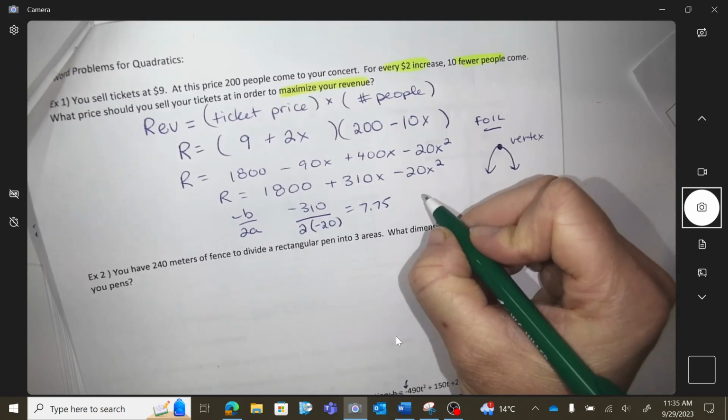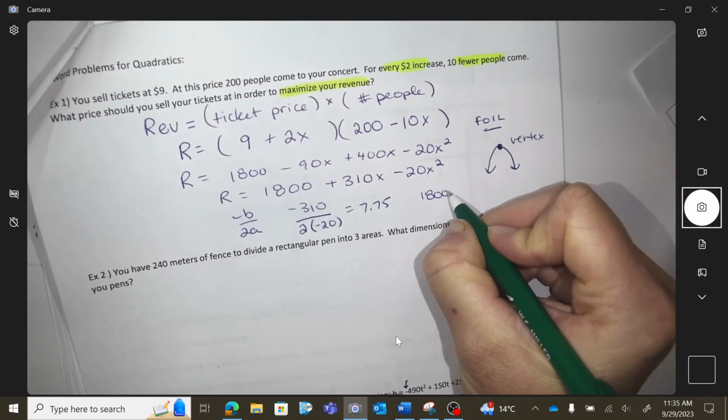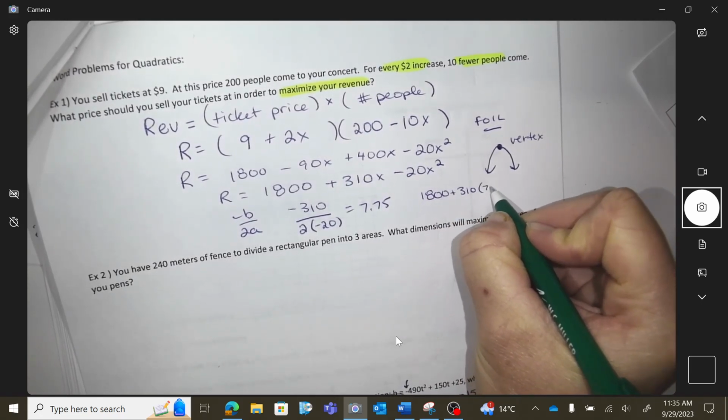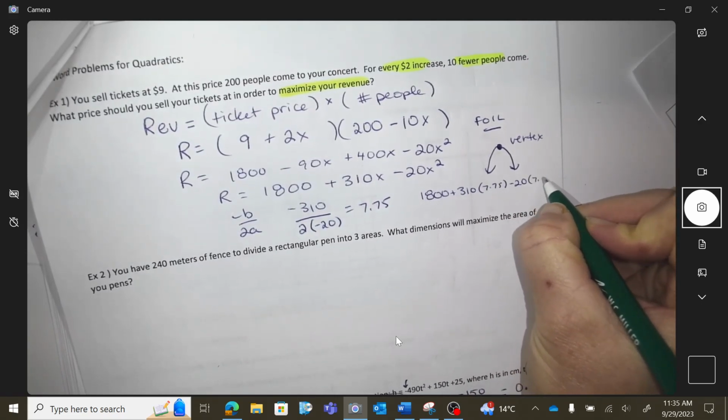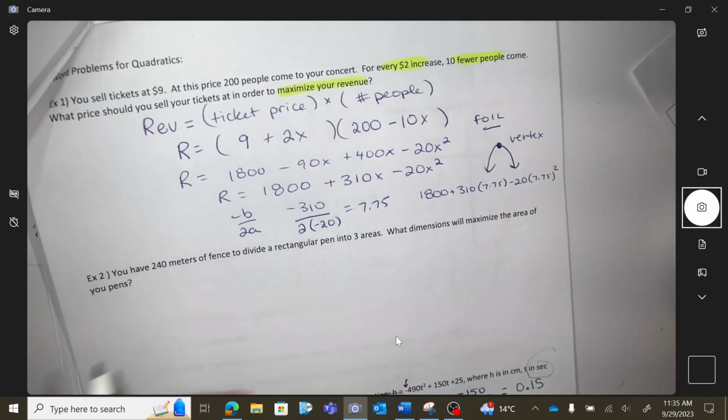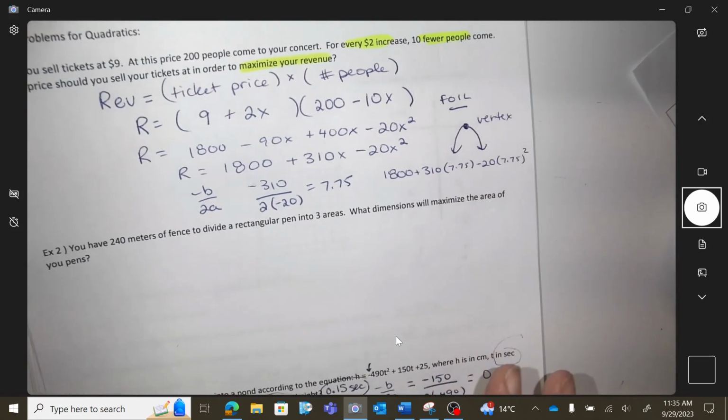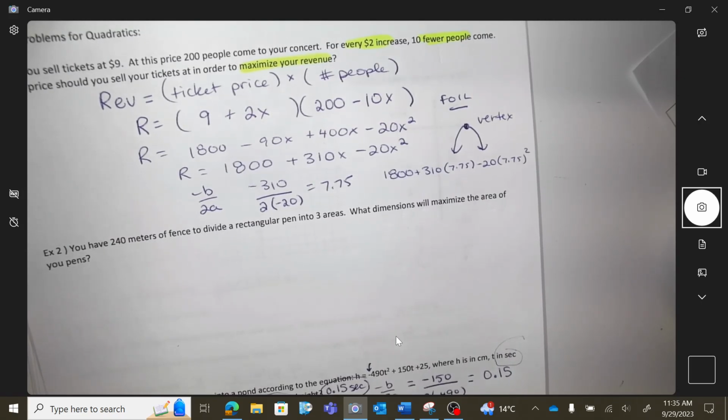Okay, so we can plug this in. Was everybody matching that x value that I'm using?